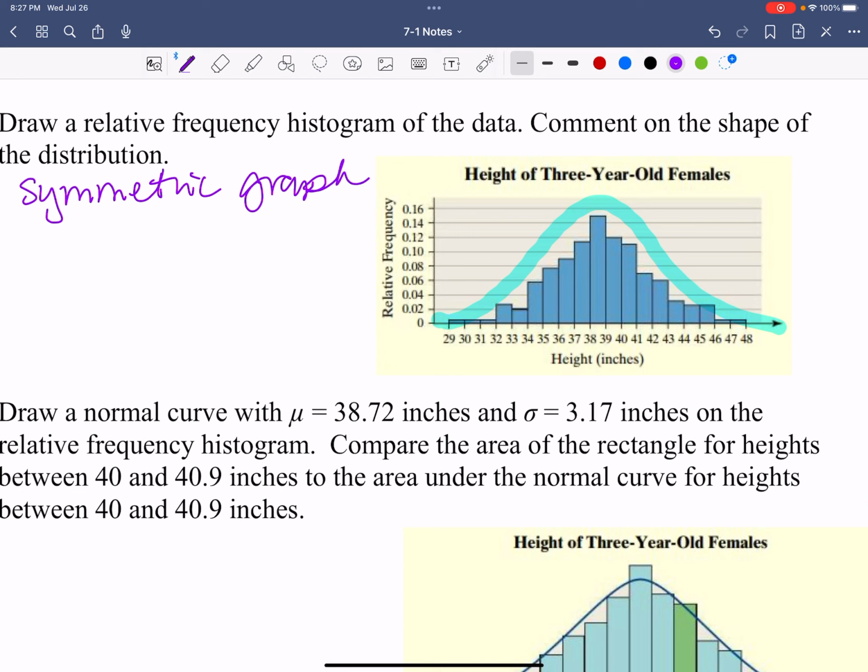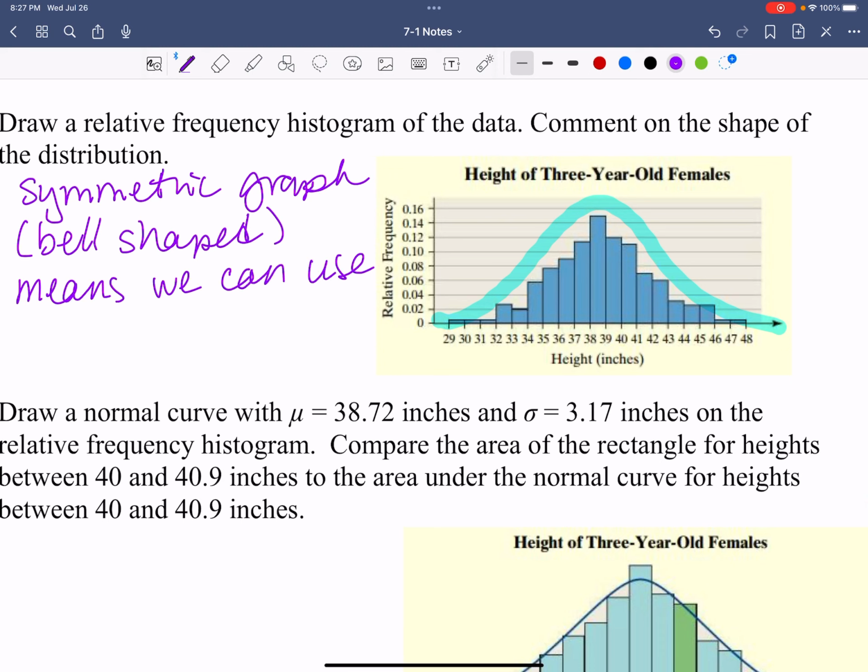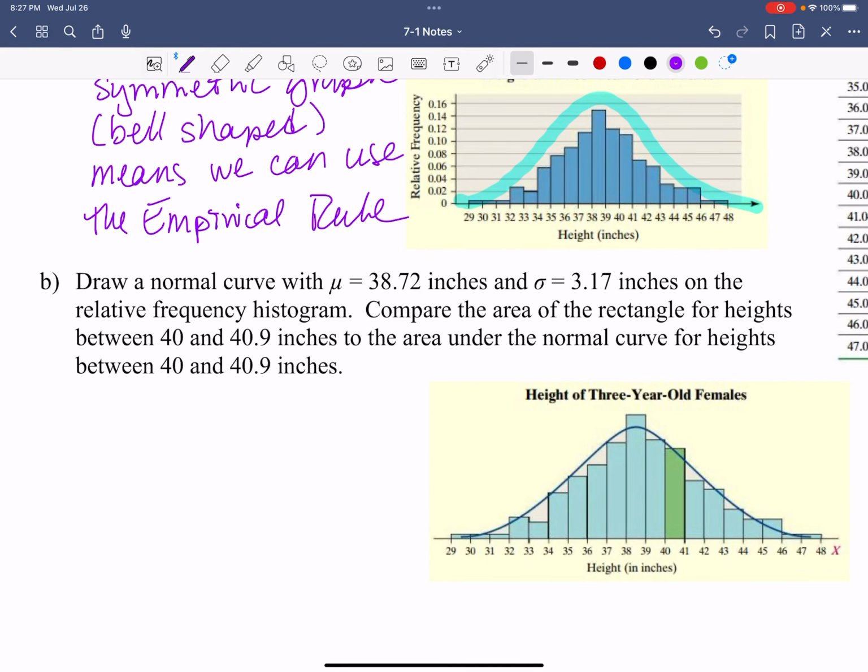I'm going to put bell-shaped right here, just so that we have those words, which means we can use the empirical rule. Anytime I have that nice bell-shaped curve, we can use that empirical rule. Nice.